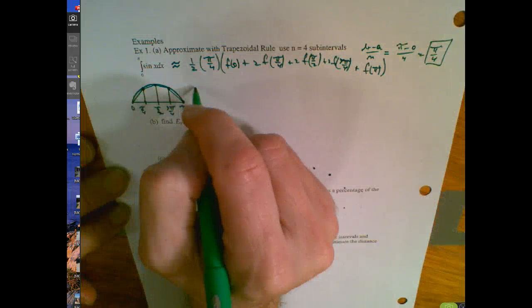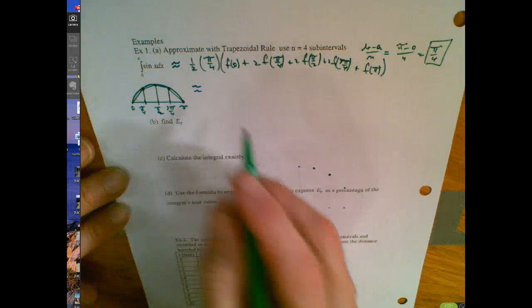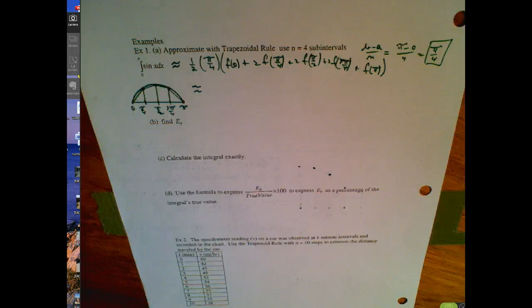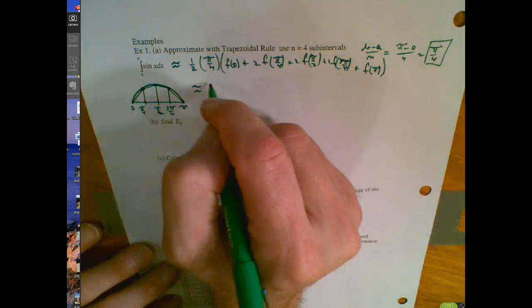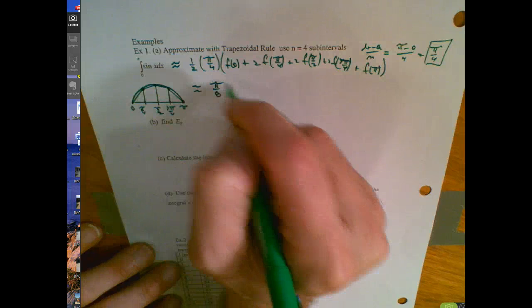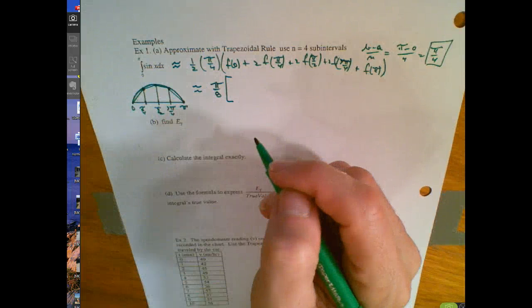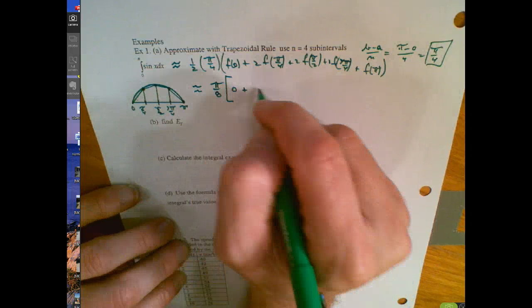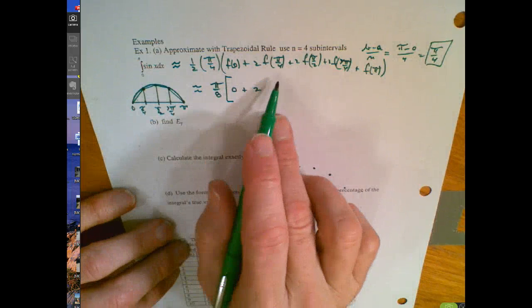Okay, so let's go ahead and plug some numbers in. If we look at this, it looks like pi over 8, correct? So let's go ahead with our pi over 8, and we'll substitute values in now. We know the sine of 0 is 0, plus 2 times the sine of pi over 4.